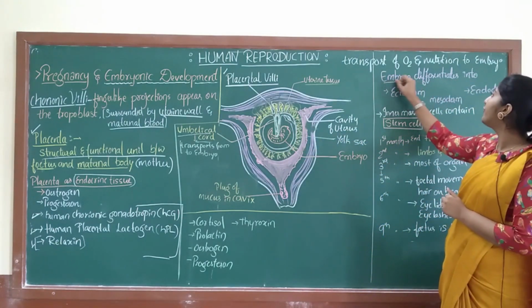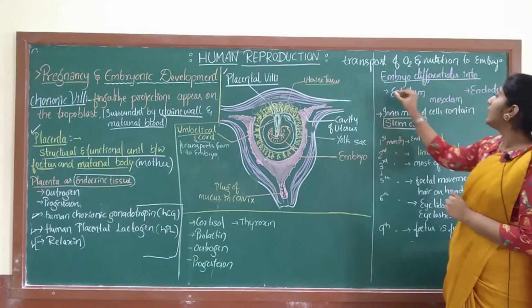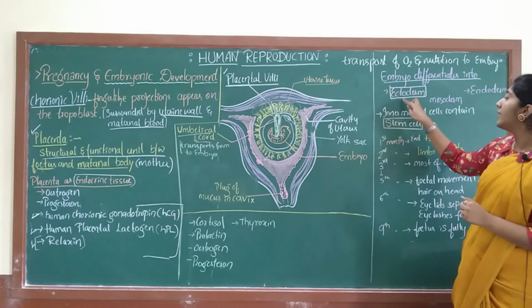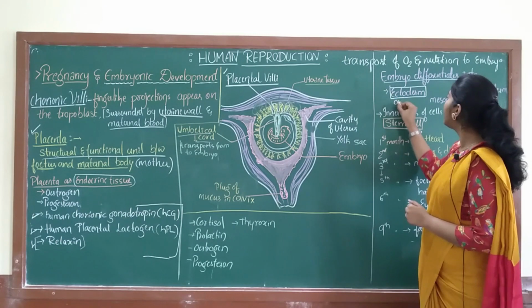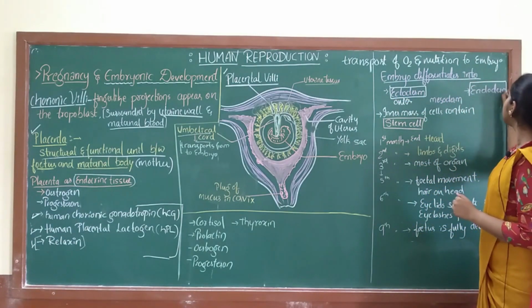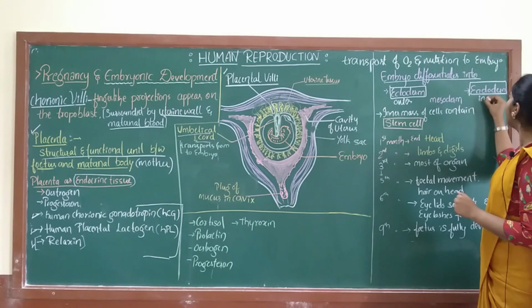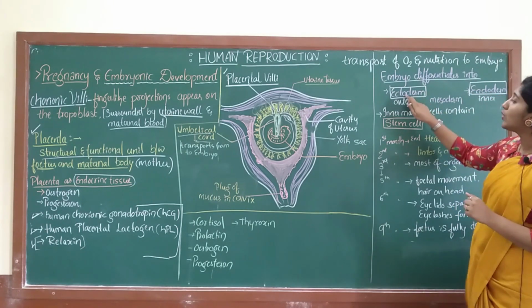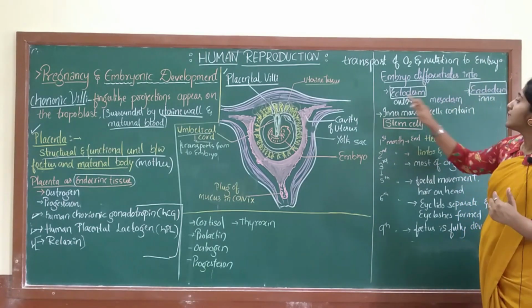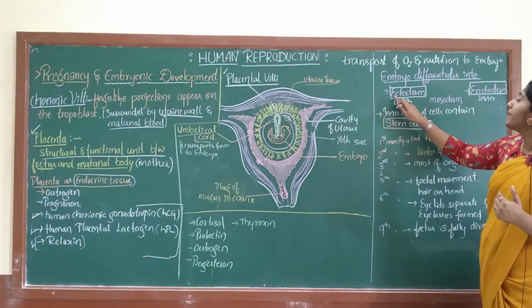The embryo differentiates into 3 layers. Ectoderm is the outer layer, endoderm is the inner layer. Always remember, ecto stands for outer and endo stands for inner, and derm is layer.